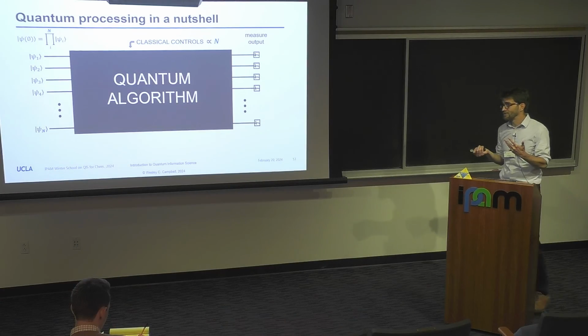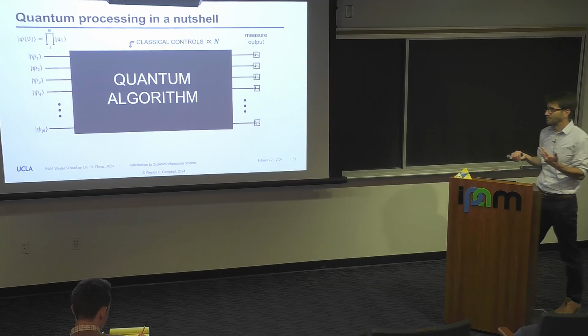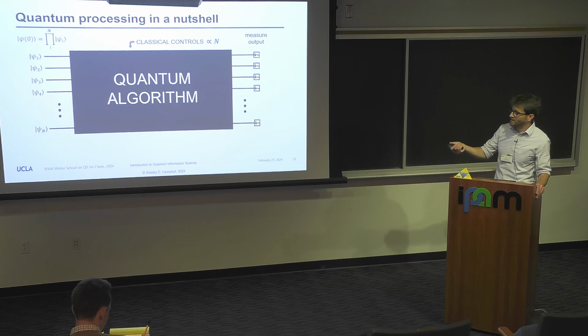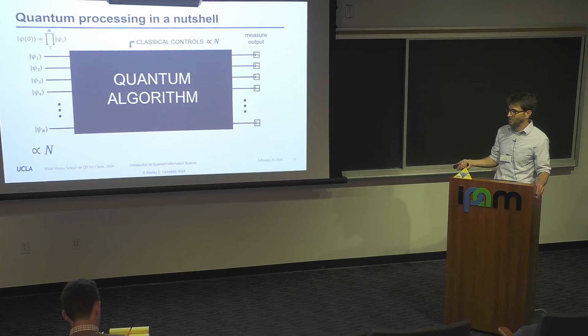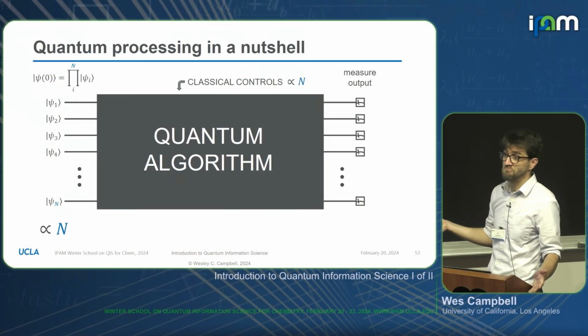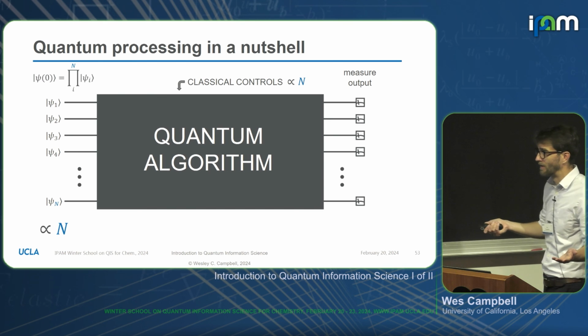So the black box version of what a quantum computer does is that we start with a bunch of individual qubits here. And the number of things I need to do classically to actually encode that is a polynomial in the number of qubits, or really just linear in the number of qubits. So that I can do, even if n is 200, no problem, right? I can prepare 200 qubits.